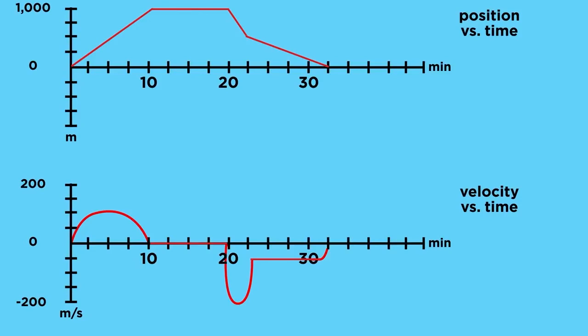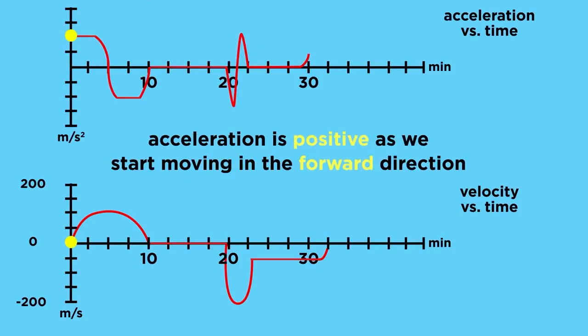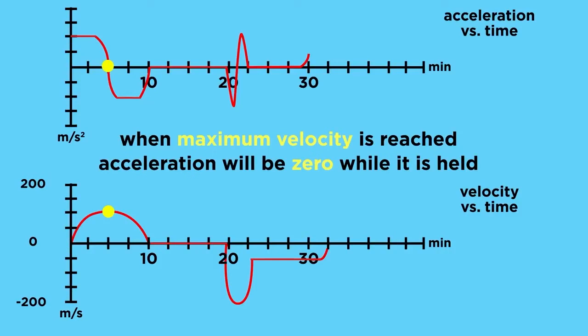This is important because we will now want to graph acceleration over time. And just the way that we can only have velocity data when the object is moving, we can only get acceleration data when velocity is changing. So there will be a positive acceleration as we just start moving, but it will then come to 0 as we walk with constant velocity.